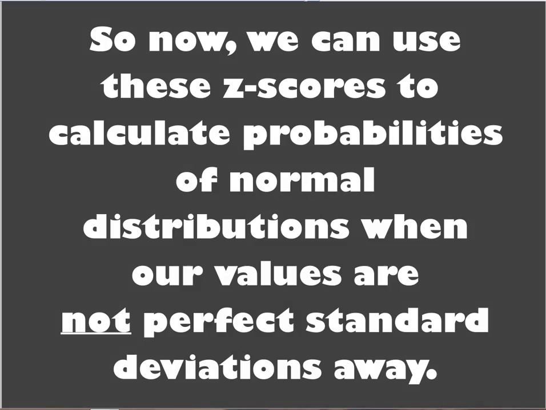So now that you know how to find a z-score, you can use z-scores to calculate probabilities for normal distributions when our values are not perfect standard deviations away from the mean.